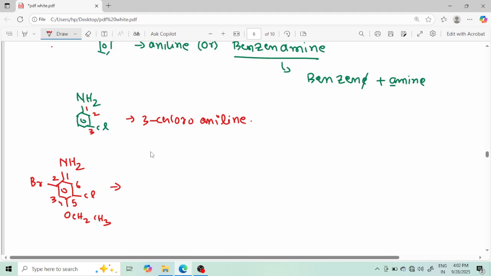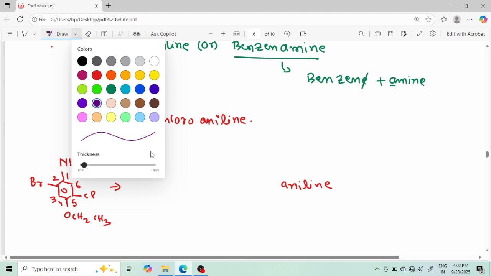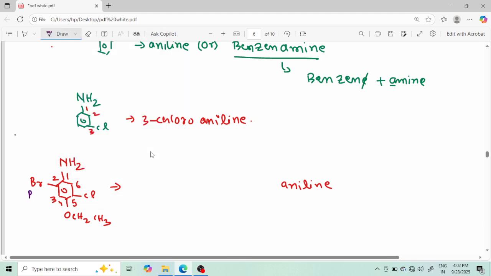Now, this one is aniline, no doubt. But whatever side chains there are, if there is more than one side chain we write them in alphabetical order. So how to name it? We'll be using the names bromo, chloro, and then ethoxy.